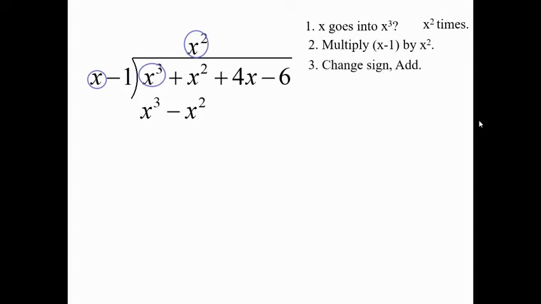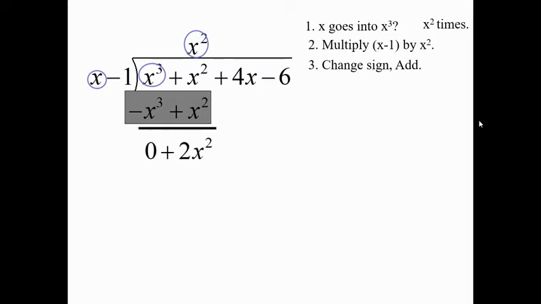Then we have to change the sign. Remember how we do subtraction? Well, when we subtract these, we have to change the sign and we're going to add. So it's easier with polynomials to think about change the signs and add, okay? And so when we do that, notice that the x cubes cancel and we get 2x squared.